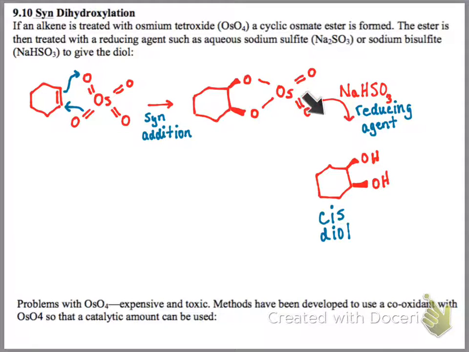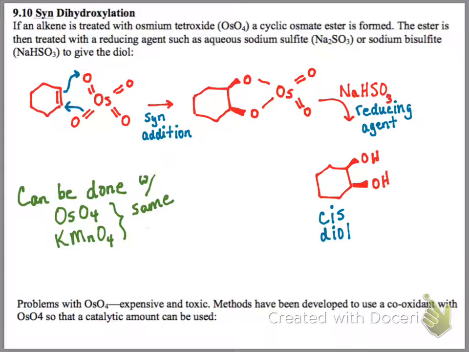Then the next step is you would add a reducing agent, a typical sulfur reducing agent, and it would break the osmium bonds and give you the diol here. This can also be done with KMnO4, the manganese, which acts like the osmium with the 4 oxygens.